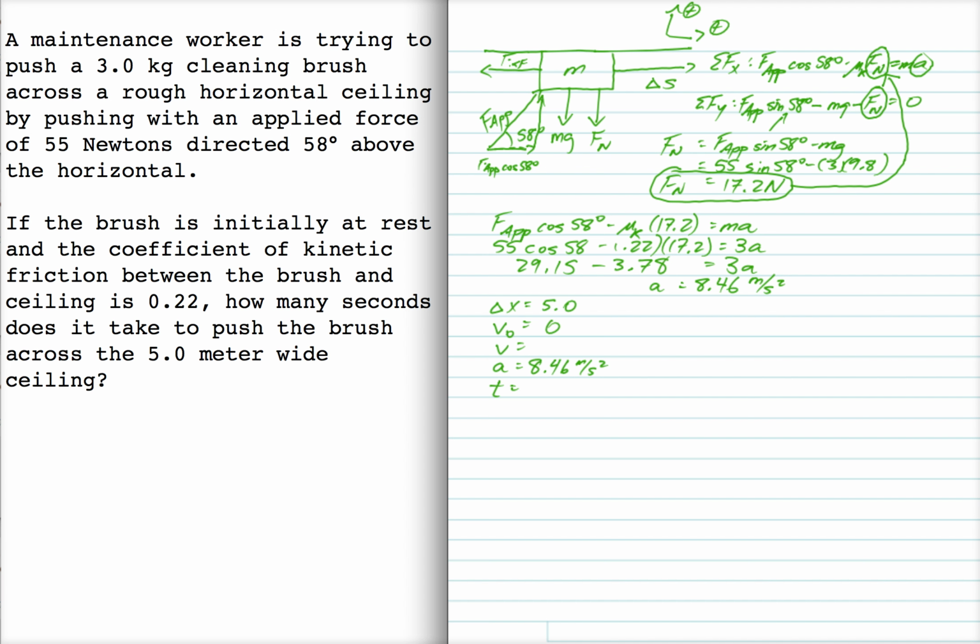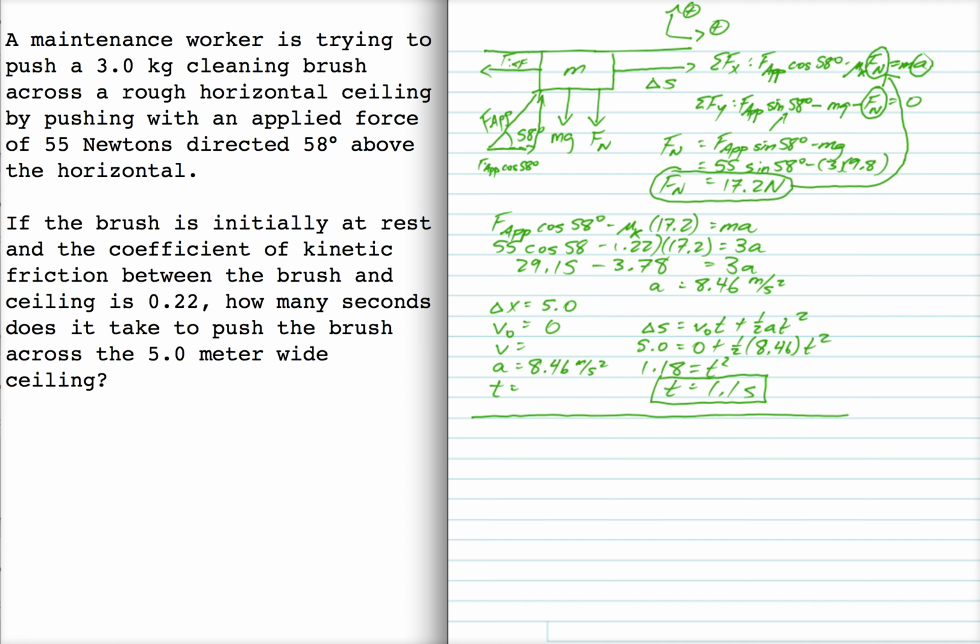That means that I'm going to use this equation that doesn't have v in it. So that gives me a time of 1.1 seconds if I round off. So there's the problem solved using the force technique.